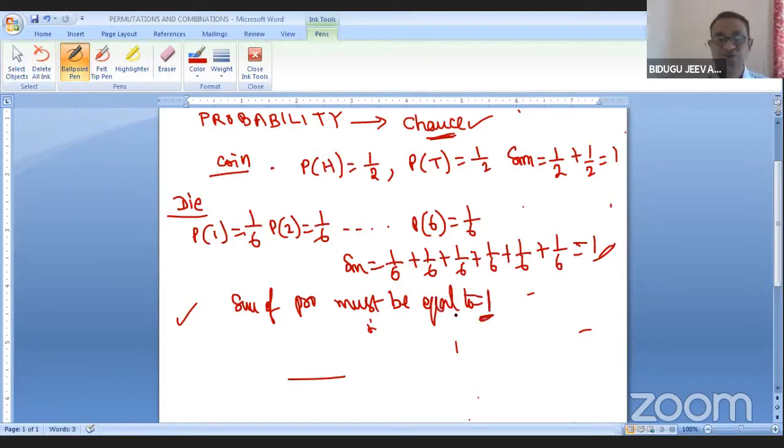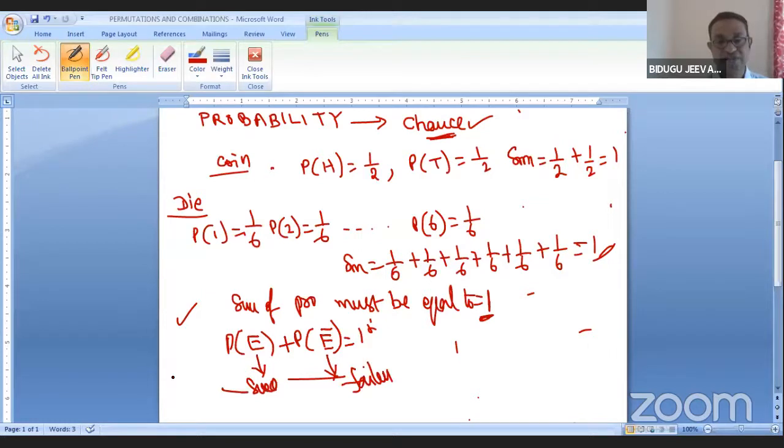This is expressed as P of E plus P of E bar is equal to 1. E is the success probability, E bar is the failure probability. It is also called occurrence probability, and this is called non-occurrence probability.